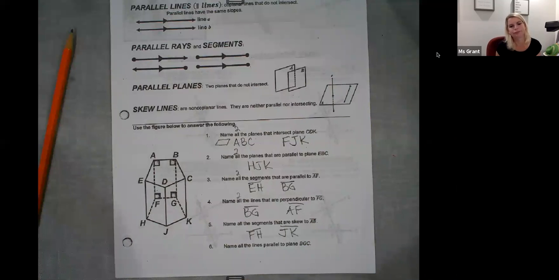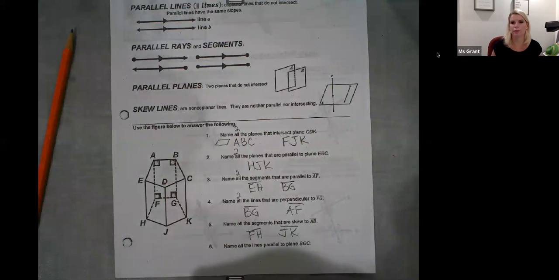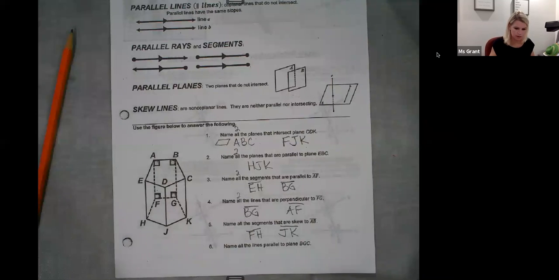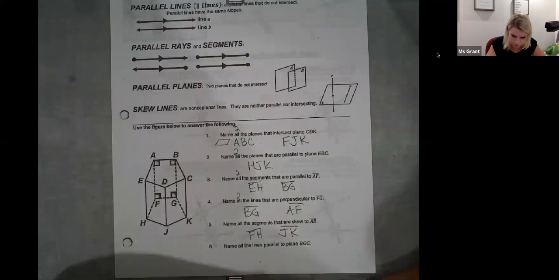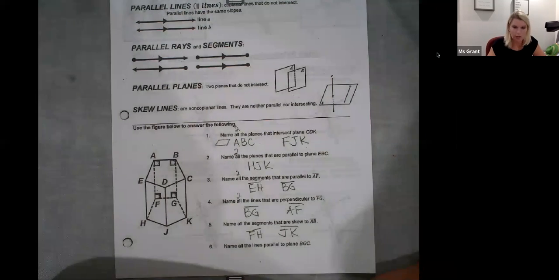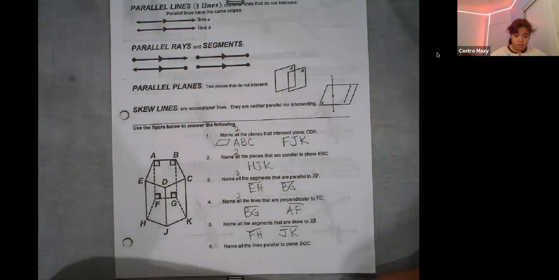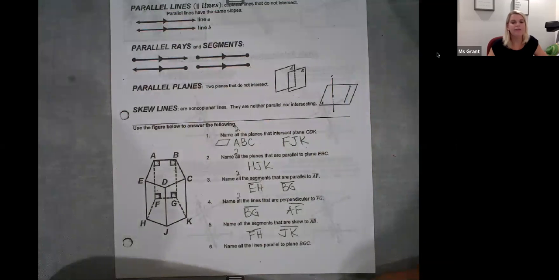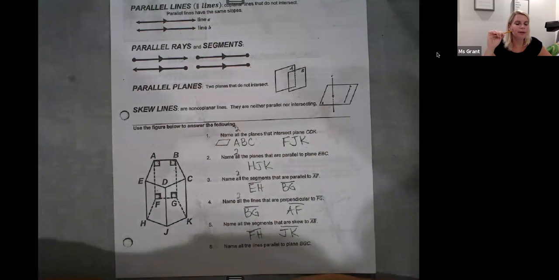BGC is the right-hand wall, the right-hand side. Maxie. AFH. AFH is not parallel because it goes at a diagonal.